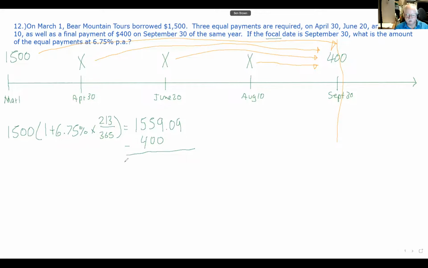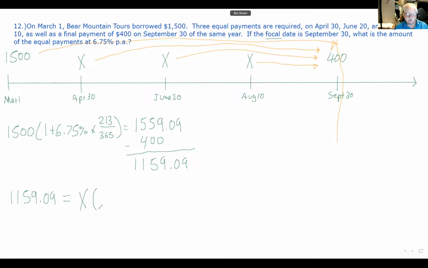So what they actually owe is 1,159.09. And so now we know that's the final result we're looking for, 1159.09. And these amounts of money, they're all moving forward, not backwards.